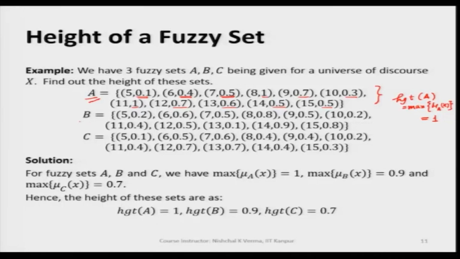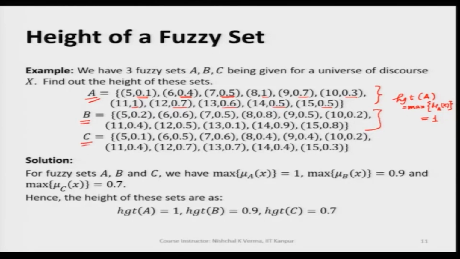Similarly, what will be the height of fuzzy set B? By looking at the fuzzy set here, we can clearly see the highest value of membership it contains is 0.9. So, the height of fuzzy set B will be 0.9.